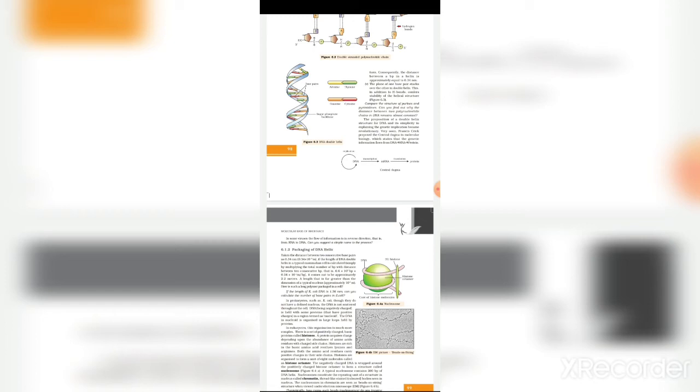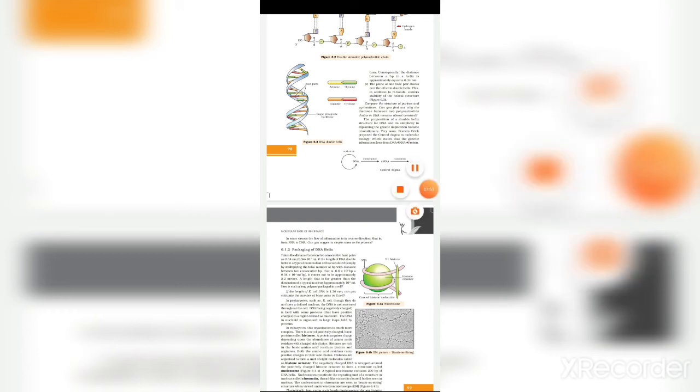Now the negatively charged DNA is wrapped around the positively charged histone octamer, and the whole thing in case of eukaryotes is called a nucleosome. So you know the difference between the nucleoid and the nucleosome, right? The nucleoid is found in the prokaryotes and it is not so complex, where the negatively charged DNA is looped with some positively charged protein.